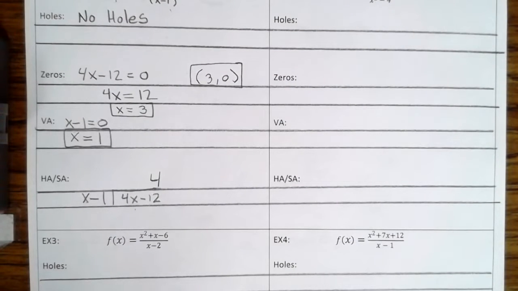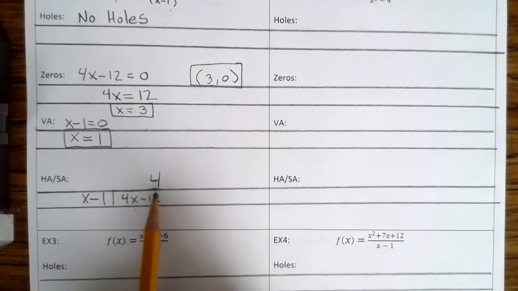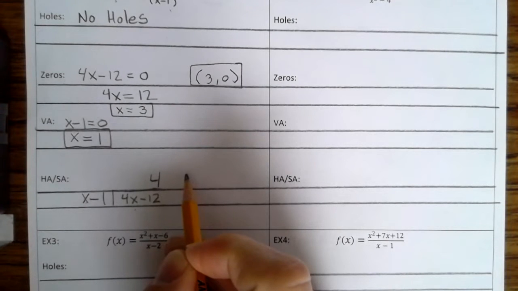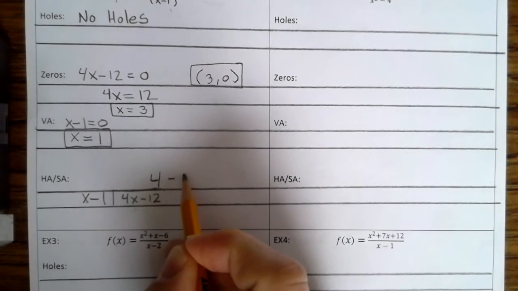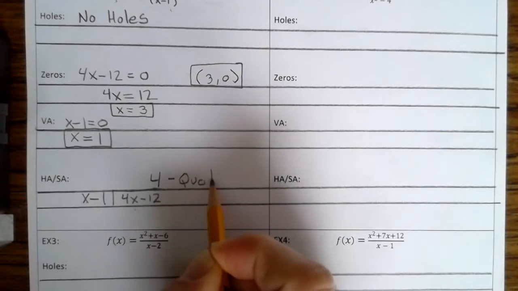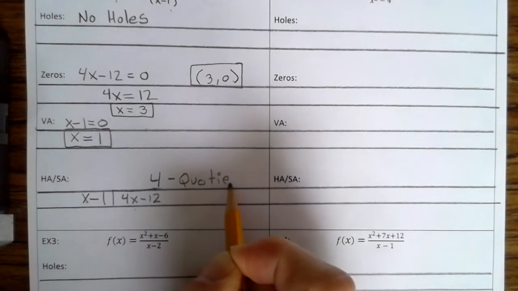Now, once you've gotten here, you stop. This is your quotient. This is your dividend.